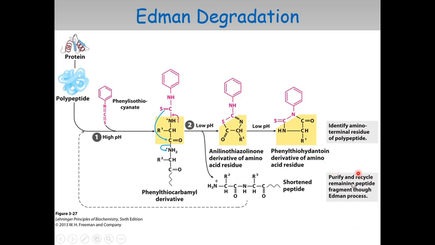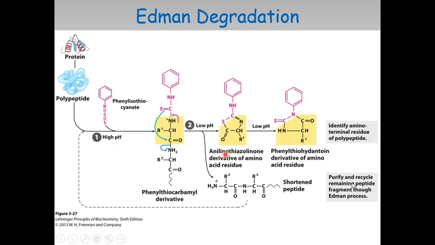So the use of sequential reactions carried out under first basic and then acidic conditions provides a means of controlling the entire process. Each reaction with the amino-terminal amino acid can go essentially to completion without affecting any of the other peptide bonds in the peptide.